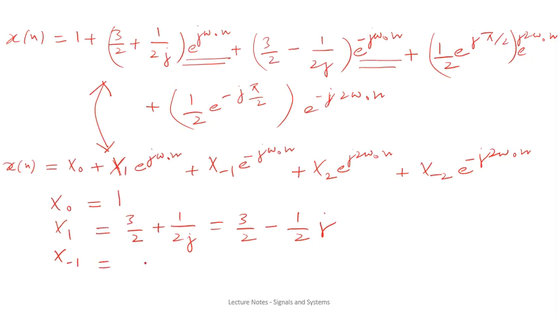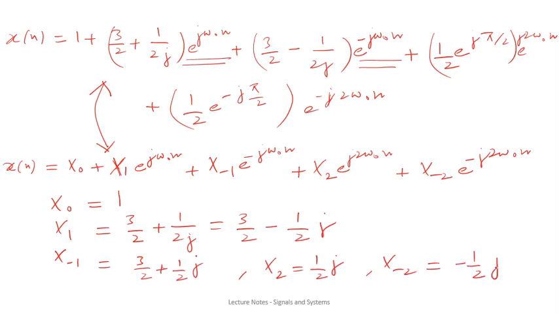X minus 1 can be written as 3 by 2 plus 1 by 2j. X2 will be 1 upon 2j, and X of minus 2 will be minus 1 by 2j.